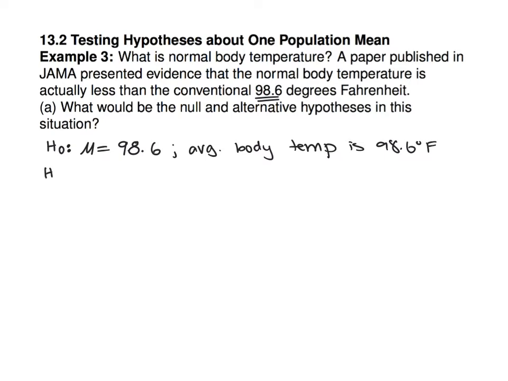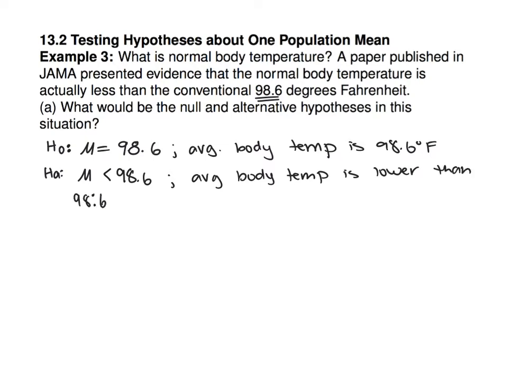The alternative, which was presented in JAMA, is that the mean body temp is actually less than that. So that'd be mu is less than 98.6. Average body temp is lower than 98.6 degrees Fahrenheit.